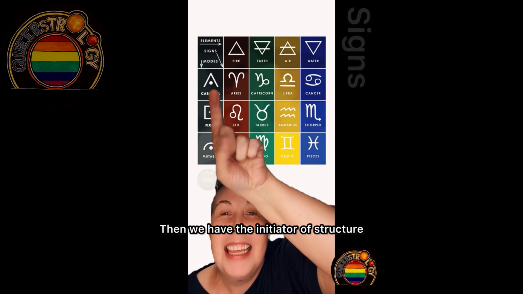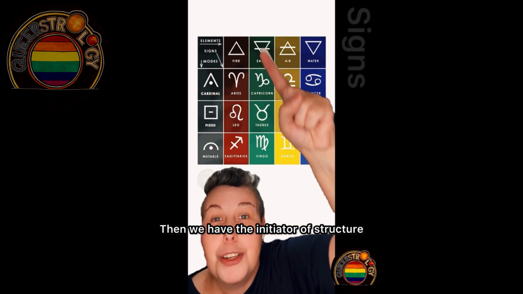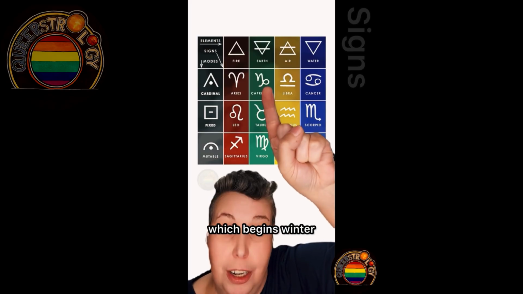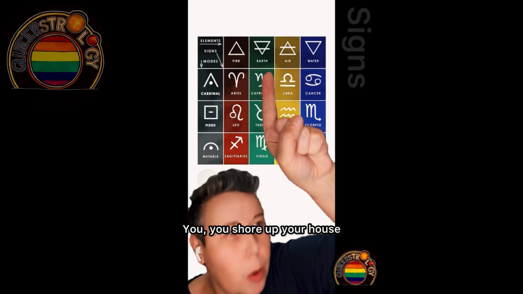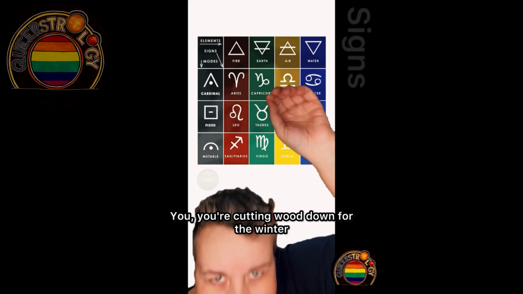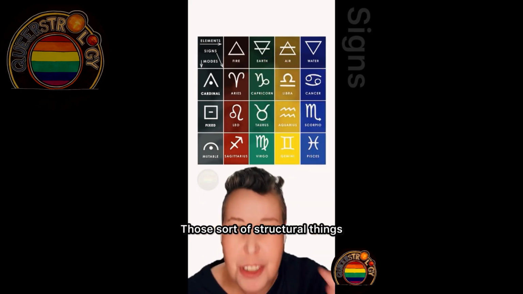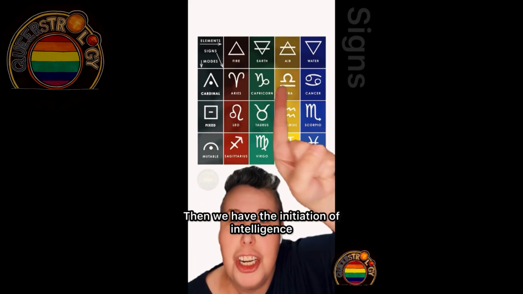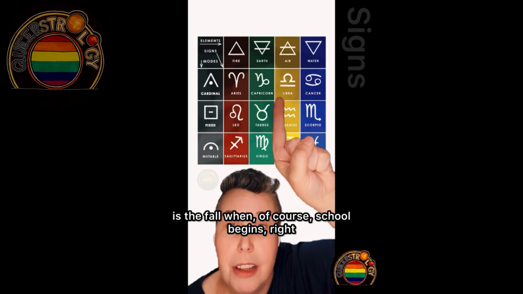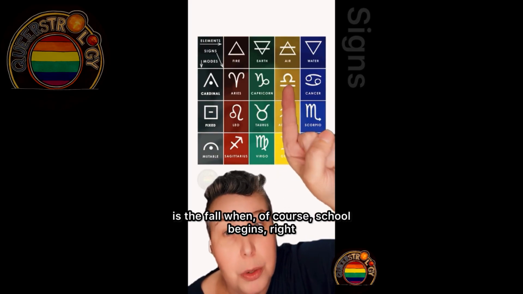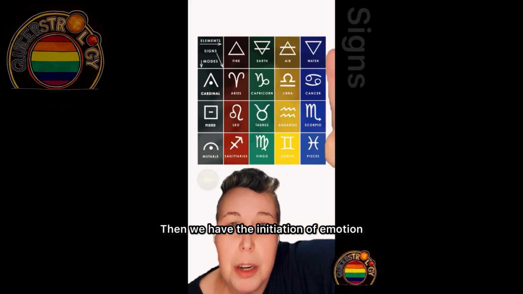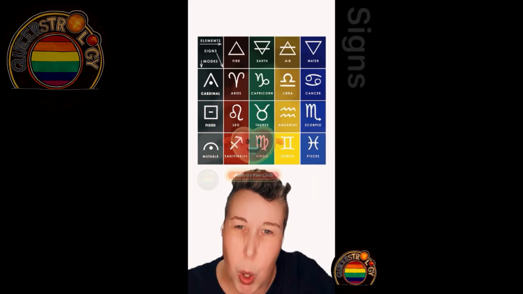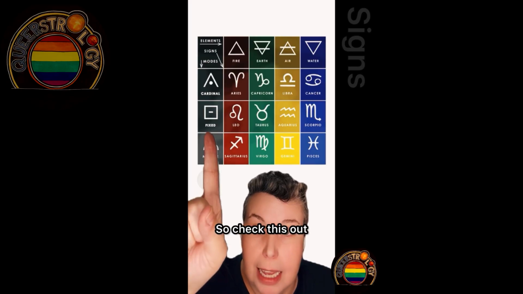Then we have the initiator of structure, which begins winter. Capricorn is the initiator of structure beginning winter. You shore up your house, you're cutting wood down for the winter, those sort of structural things. Then we have the initiation of intelligence, which is the fall, when of course school begins, right? Then we have the initiation of emotion, which is the summertime. Woohoo!